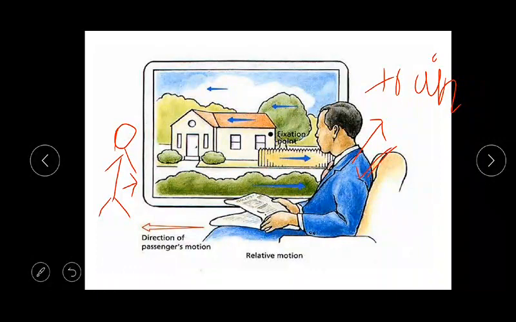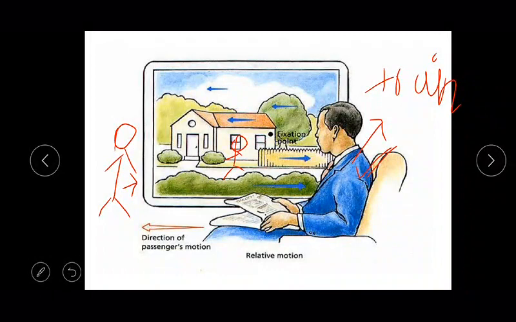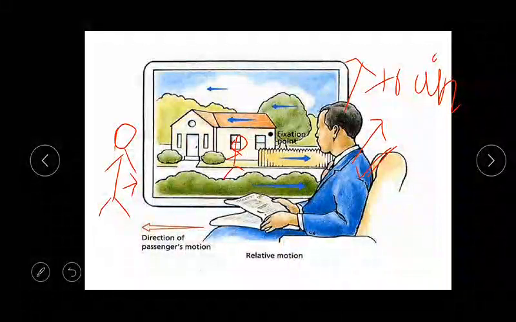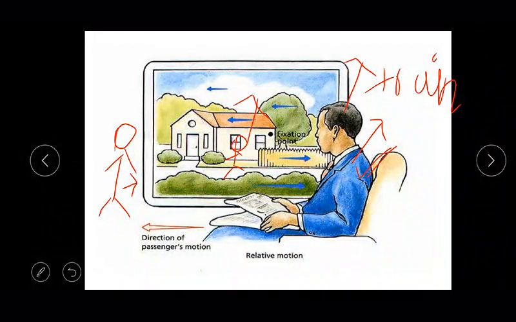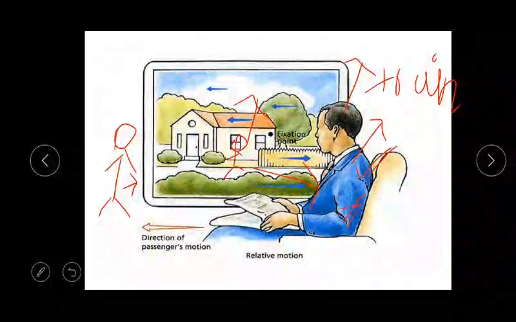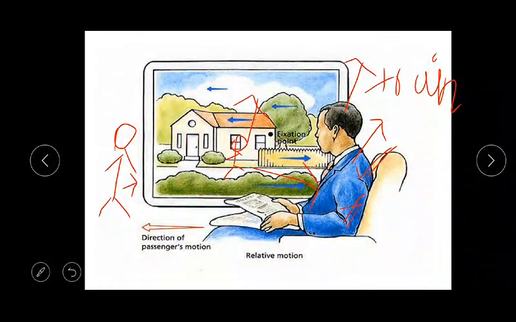While if we consider a person observing from this house, if a person is observing the train from this house and sees this person, then for him this person is moving, as he is moving with the train. So you see how it is considered.